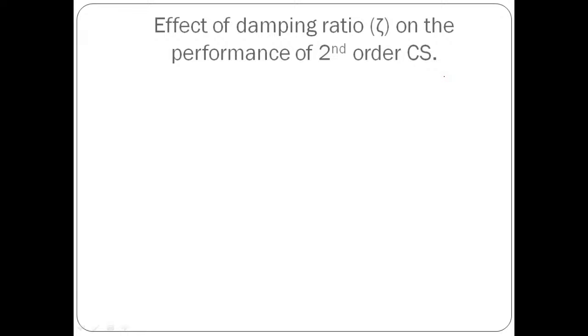That means, what is the impact of damping ratio, which is nothing but zeta, on the performance of second order control system. If you change the value of zeta, maybe from 0 to 1, if you put the value of zeta as 0, or as 1, or even if you increase the value of zeta above 1 to say infinity, or if you put the value of zeta below 0, say negative, then how is that zeta going to change the performance of second order control system, that we are going to learn.